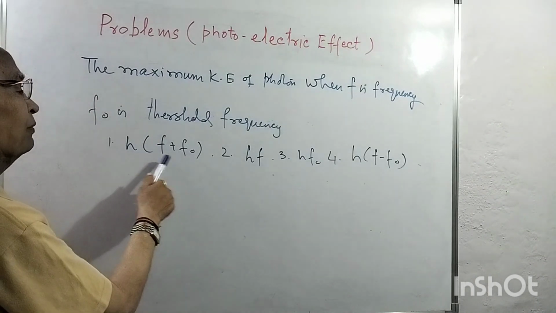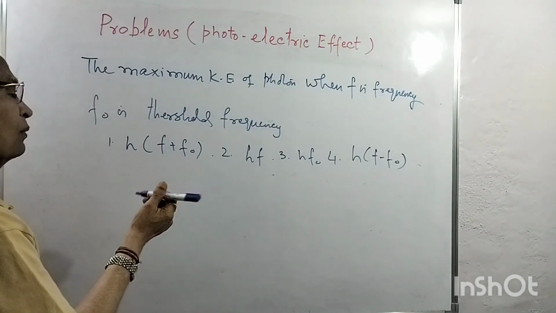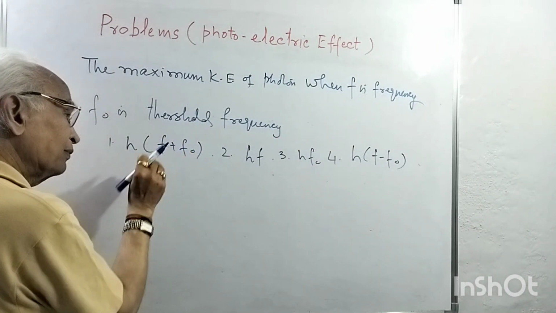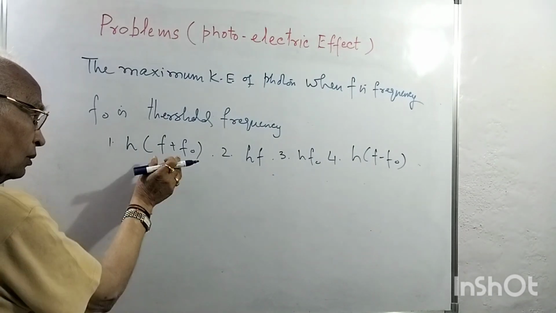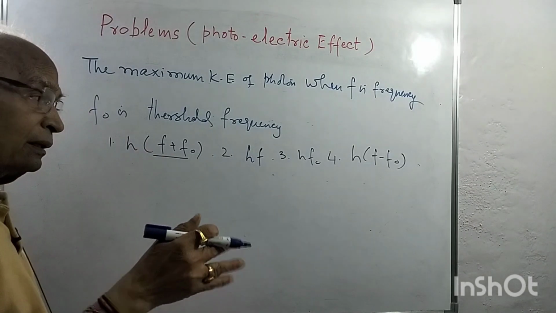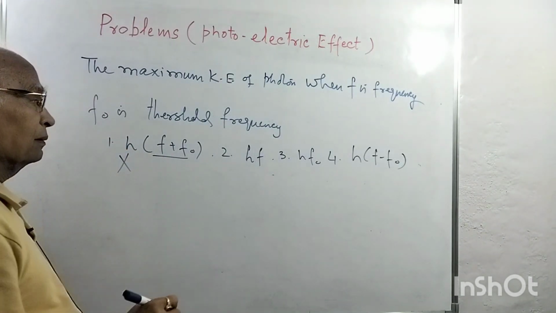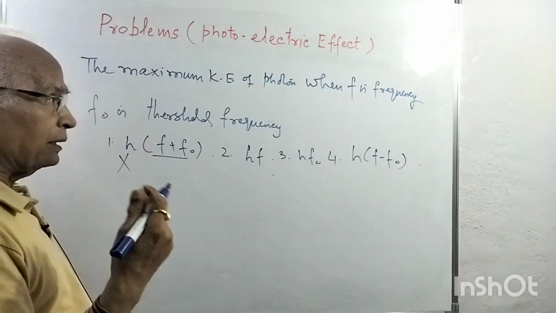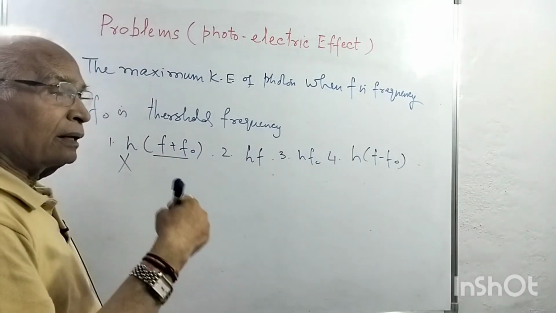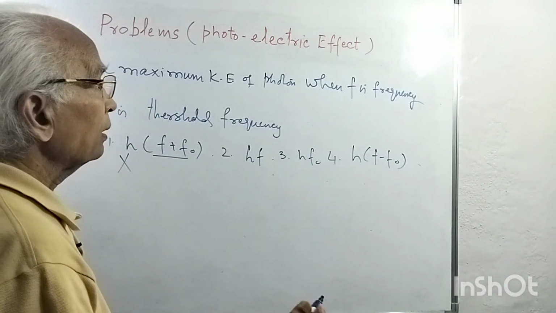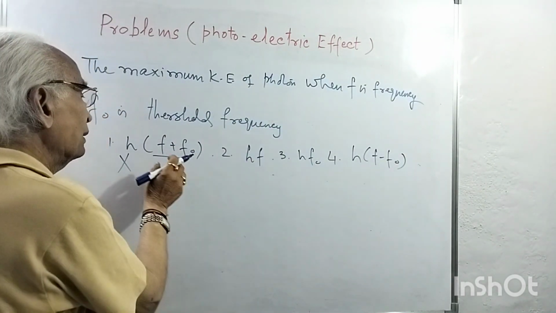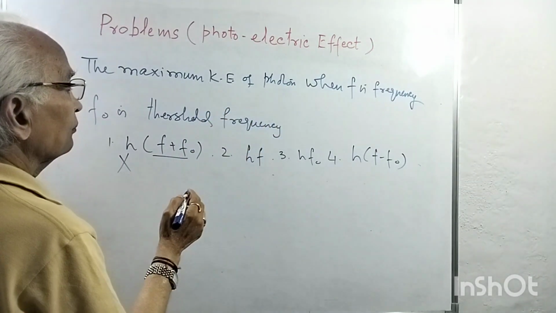Here we are adding the threshold frequency plus the frequency which is ejecting the electron. So this energy becomes more than the applied energy. This is not possible, because it will be more than the energy of frequency f.